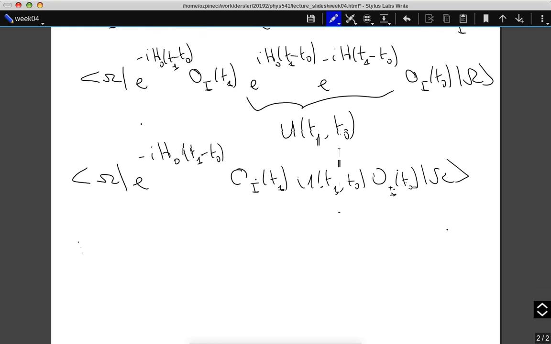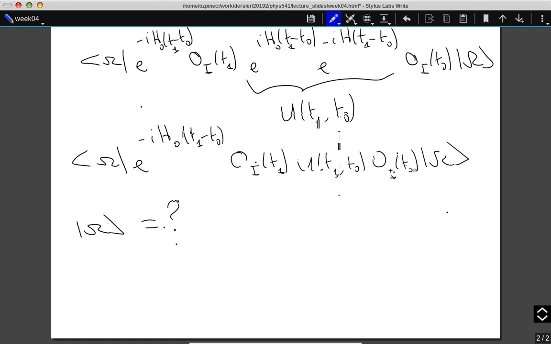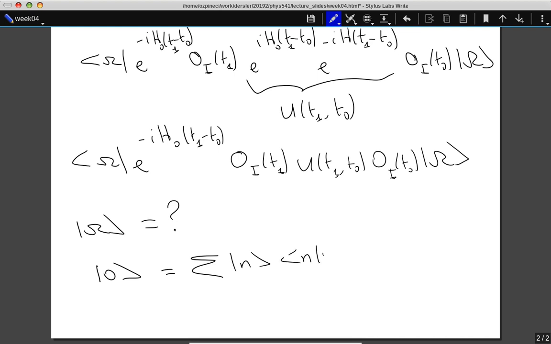Now, what about omega? Let's calculate what omega is. You see, omega is the ground state of H, and we also have this state 0. Now, this 0 state, which is the eigenstate of the theory with V equal to 0, we can use the identity, basically because this is the resolution of identity in terms of the eigenstates of H0.